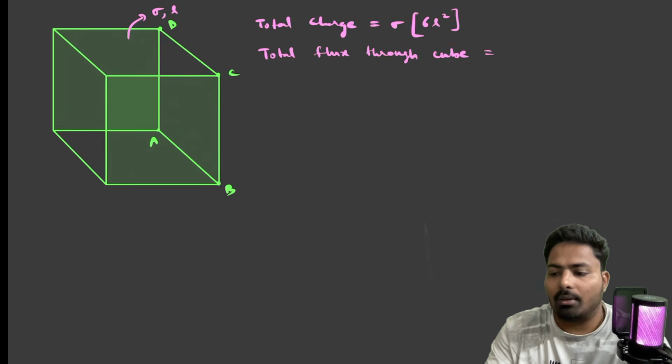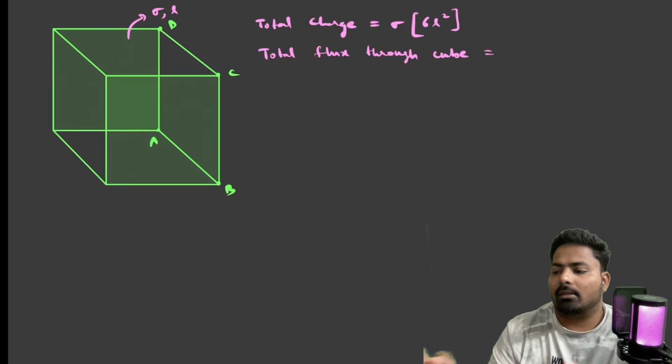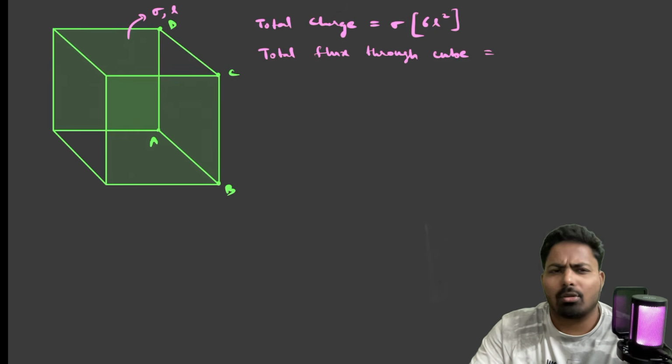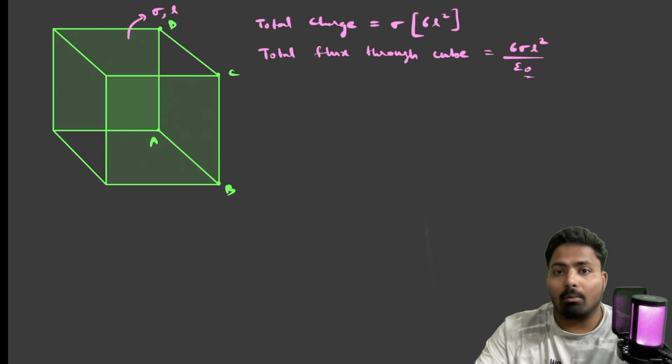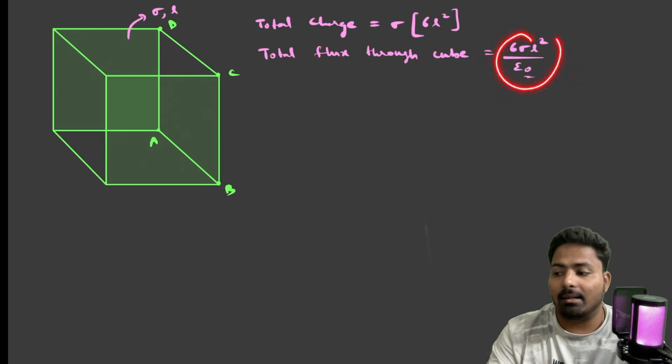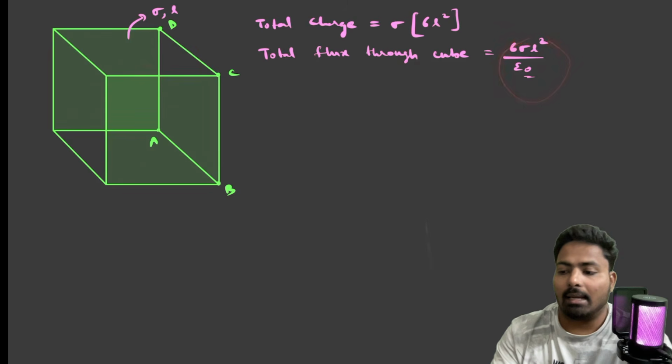According to Gauss law, the flux will be Q enclosed by epsilon naught, so it will be 6 sigma L square by epsilon naught. This is the flux going through this entire cube, right?